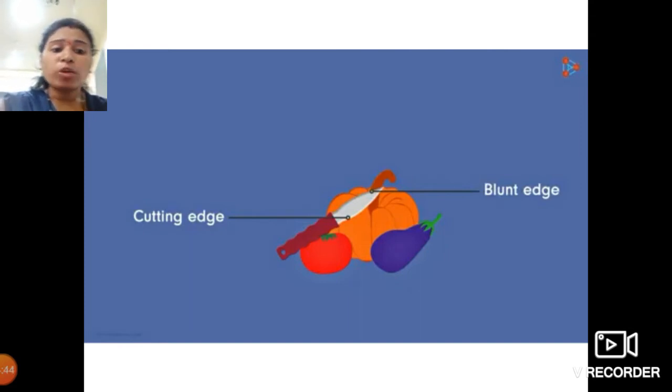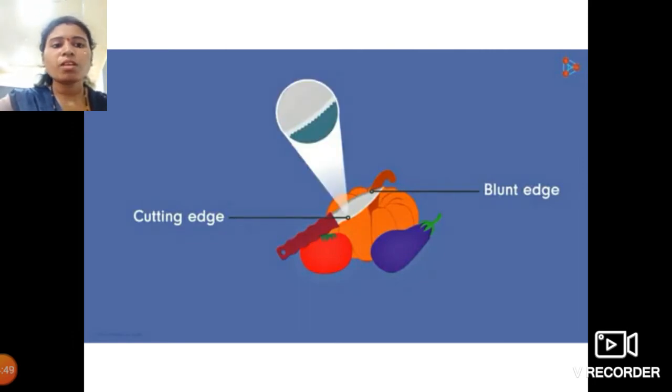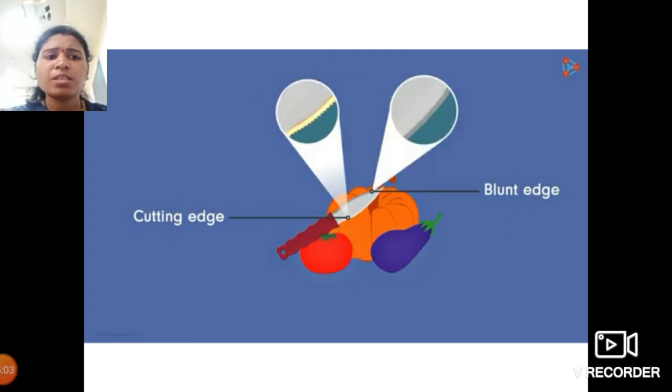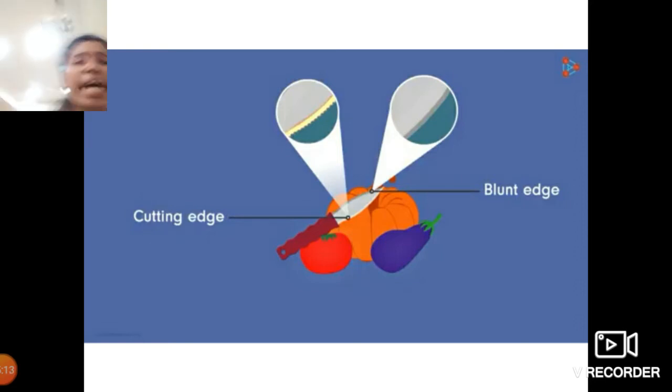Why is it difficult, and what is the reason in this case? See students, in the first case, the edges might look the same to us. But if you look at these two ends, the blunt edge and the cutting edge, carefully, the cutting edge has a small triangle-like shape.